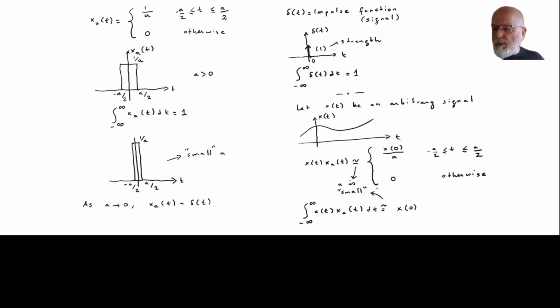Okay, so how can we now generalize this operation to the product of the signal with the impulse? So it is clear that x of t times delta of t is equal to x of 0 delta of t.